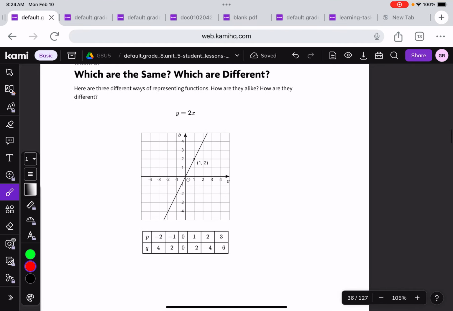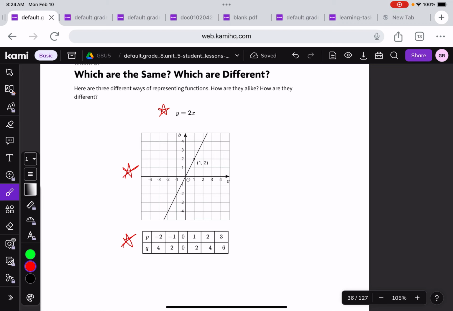It says, which are the same, which are different? Here are three different ways of representing the functions. How are they alike? How are they different? So here is a function, it's an equation. Here is a function, it's a graph. Here's a different function. It's a table. So how are these alike? How are they different?